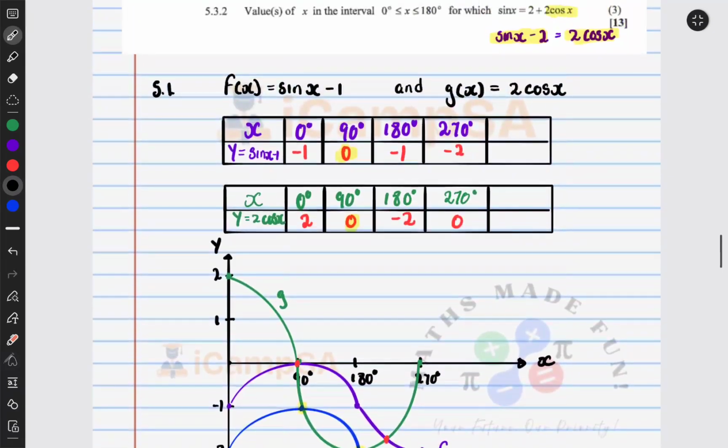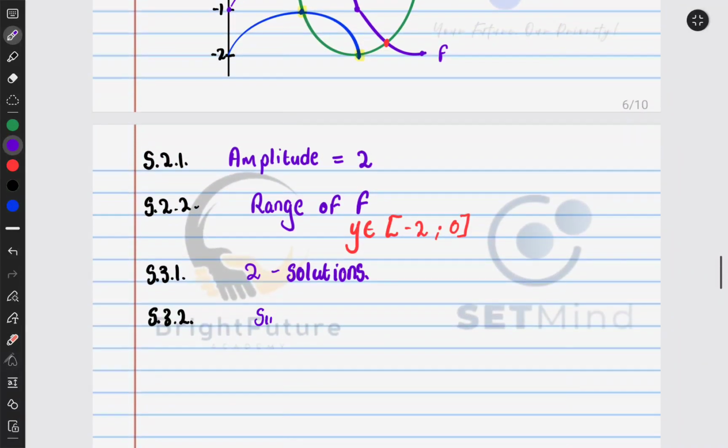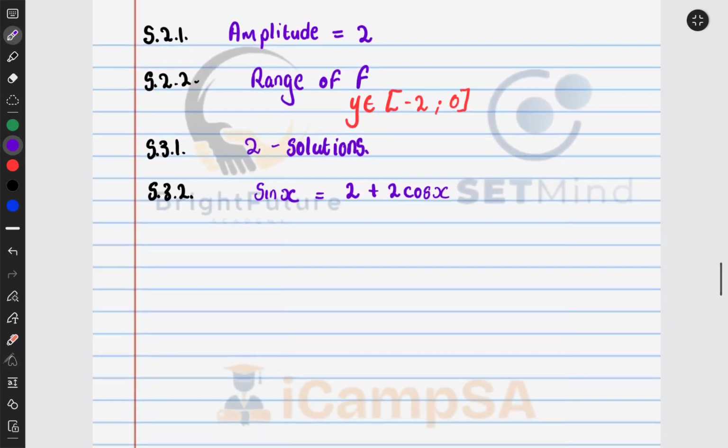Okay, so that is 5.3.2. First things first, we rearrange the functions. We were given sine x is equal to 2 plus 2 cos x, and then we said this is essentially sine x minus 2 is equal to 2 cos x.